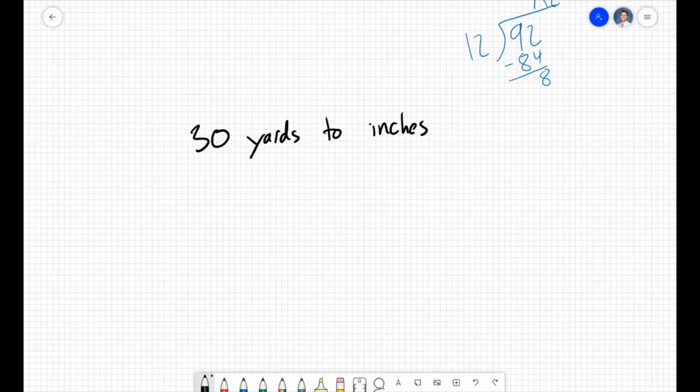So if we look at this, we've got 30 yards, and I'm going to multiply by my first conversion factor. Again, I ultimately want my answer to end up in inches. How many feet are in a yard?